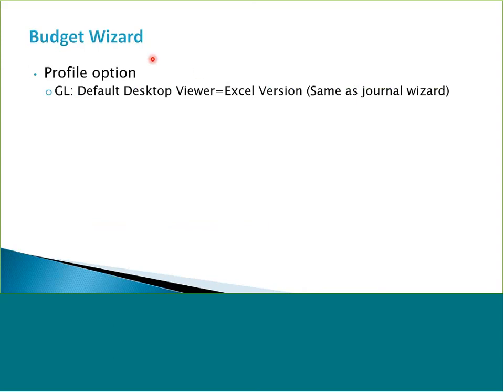But when you want to use the budget wizard, just like we explained for the journal wizard, you have to select this profile option, desktop viewer, and select the appropriate Excel version. And once we resolve the technical issue, we are going to see the journal wizard and the budget wizard working completely.